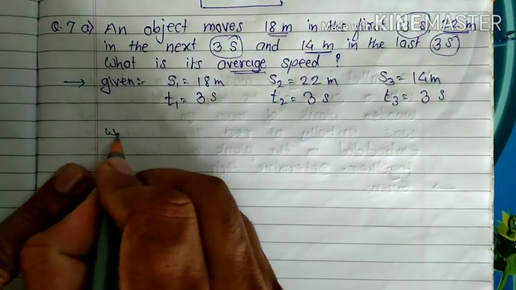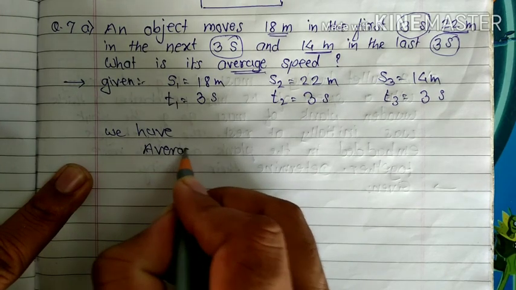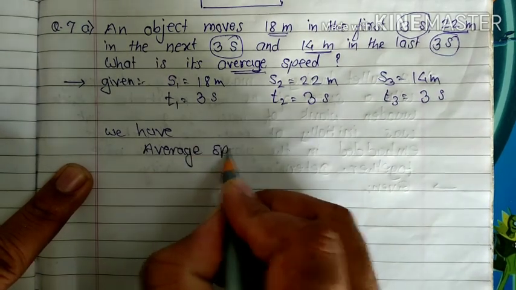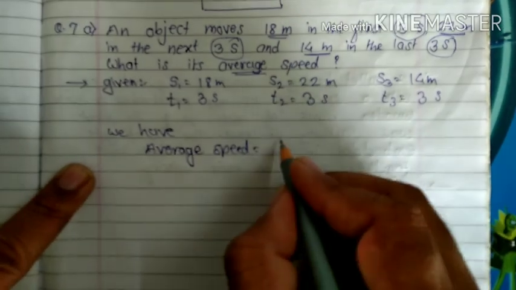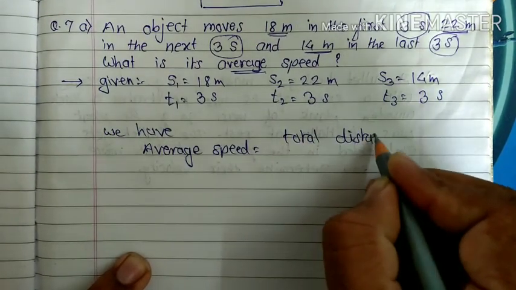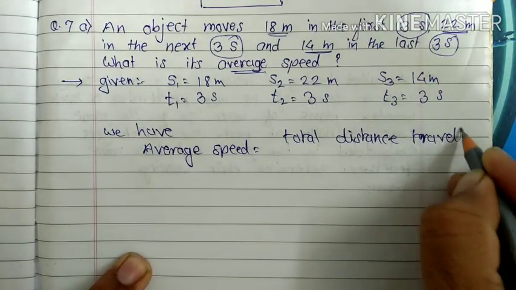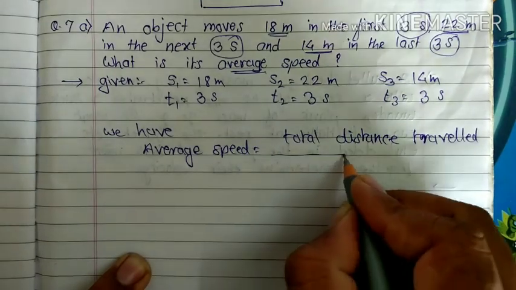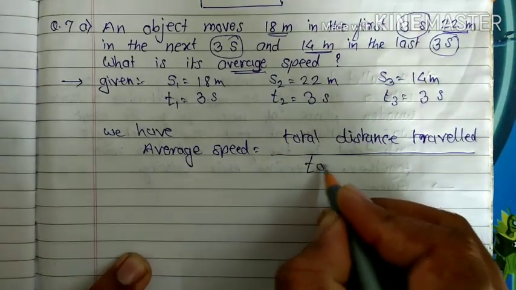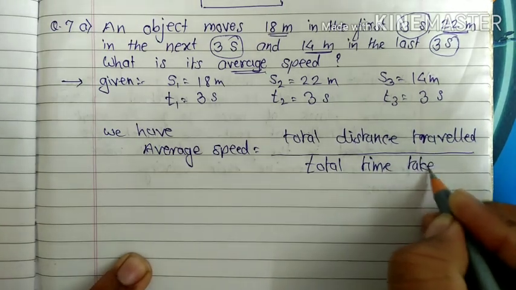We have the formula: average speed is equal to total distance traveled upon total time taken.